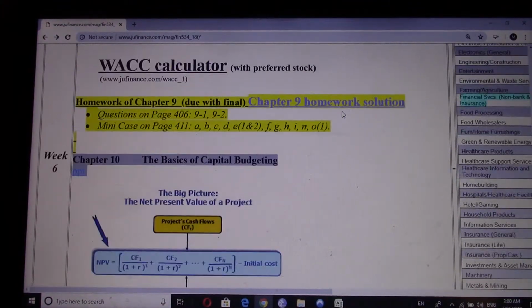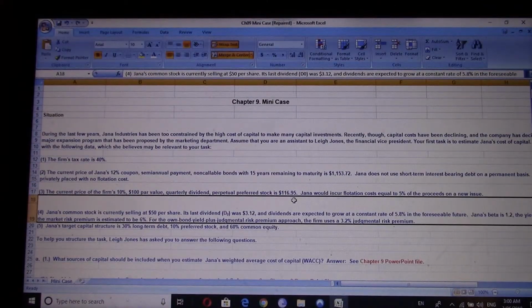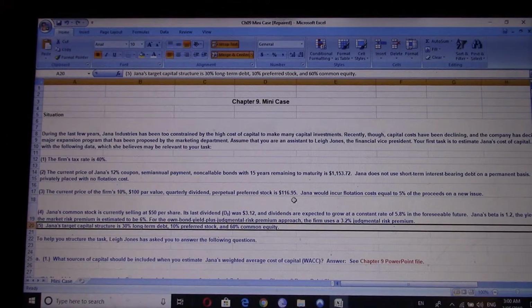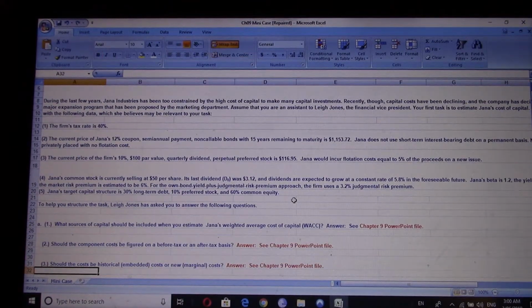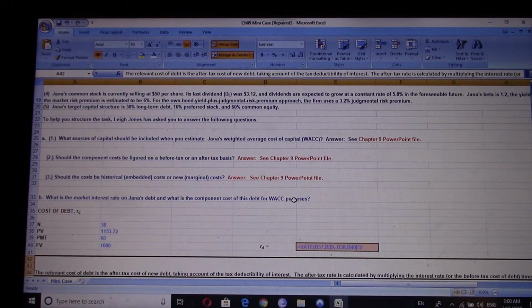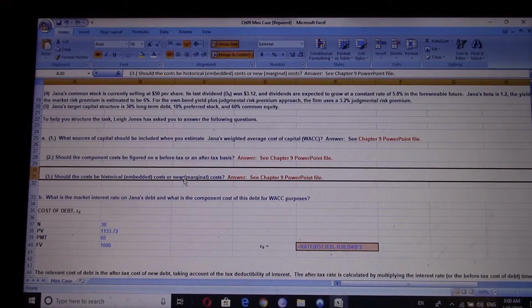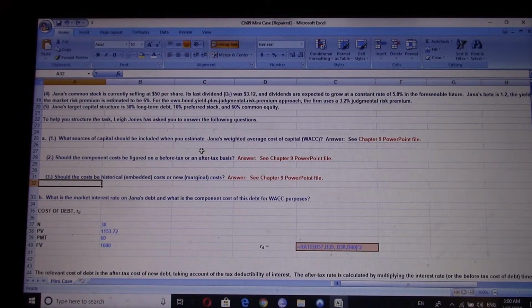Okay, so let's work on this mini case. It's asking you to calculate the WACC step by step. For the first part, questions 1, 2, and 3 in A, you can find the answers in the PowerPoint.